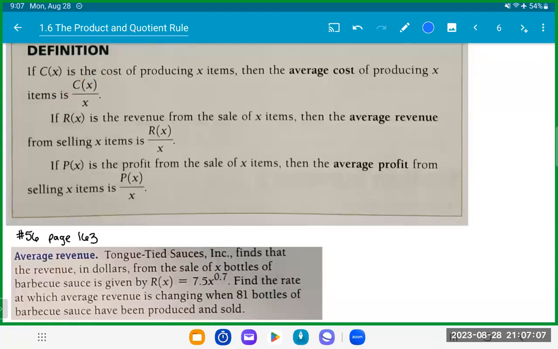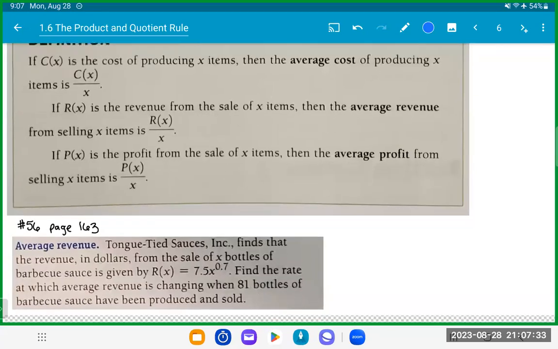Same with the revenue: if I take the revenue divided by the number of items I sold, my average revenue per item is my revenue divided by x. And the profit can be done the same. The average profit would be my profit divided by the number of items I sold.